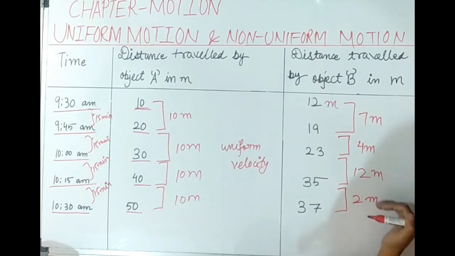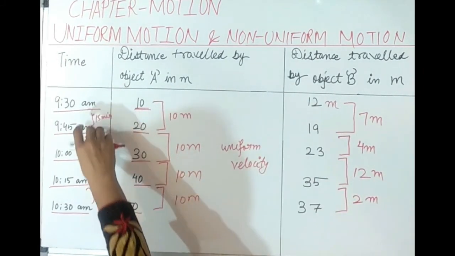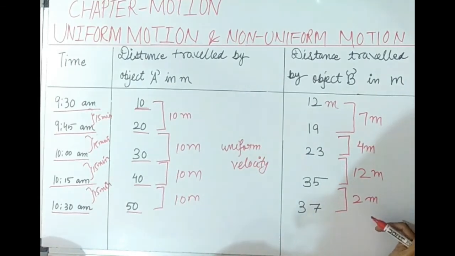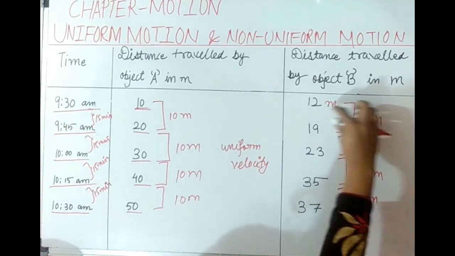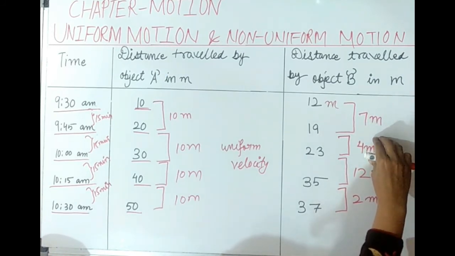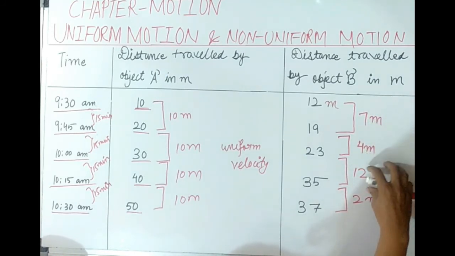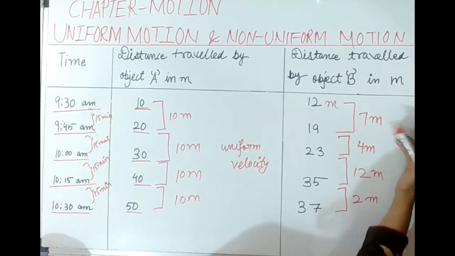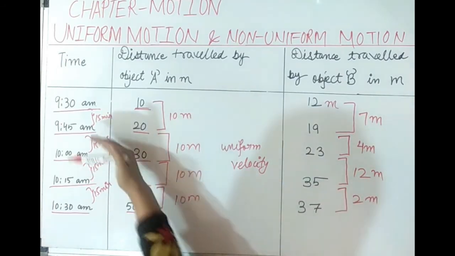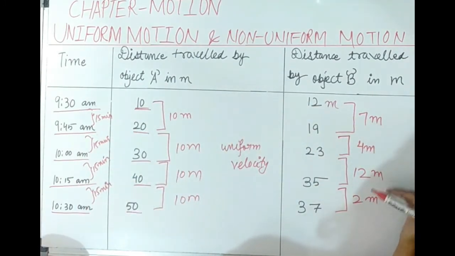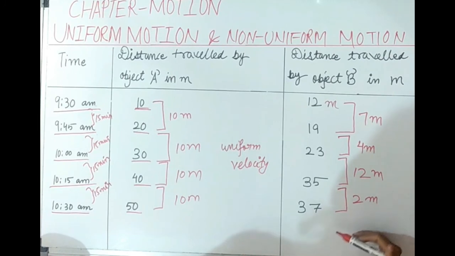So here you can see the time interval is 15 minutes, but the distance traveled is varying continuously. In the first 15 minutes, the distance traveled is 7 meters. Next 15 minutes, the distance traveled is 4, 12 and 2. So the distance is unequal. Time is equal. The object has covered unequal distances in equal intervals of time.